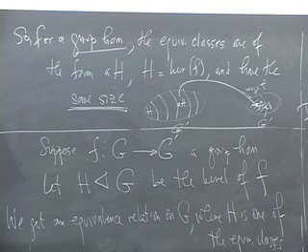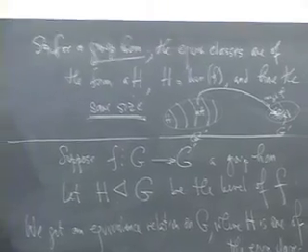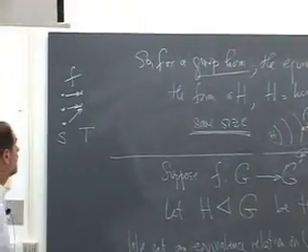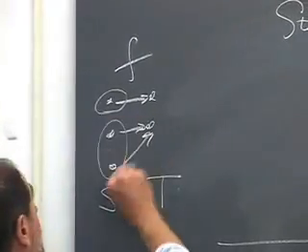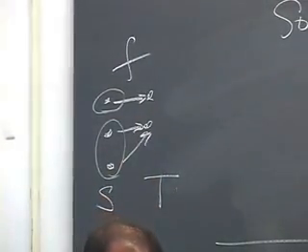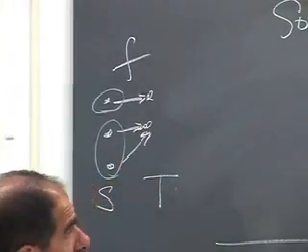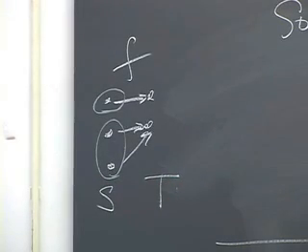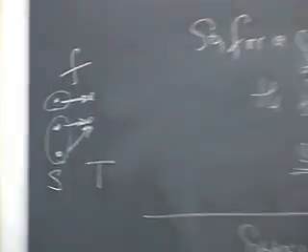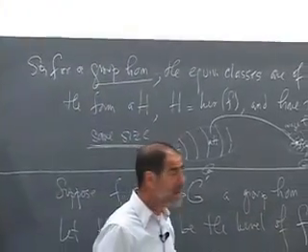This would be my set S, this would be my set T, here would be my map f. That's a perfectly good map of sets. In this case, one equivalence class contains 1 element, and the other contains 2 elements. But that can't happen for a group homomorphism. In a group homomorphism, the different pieces that you break G into all have the same number of elements in them.